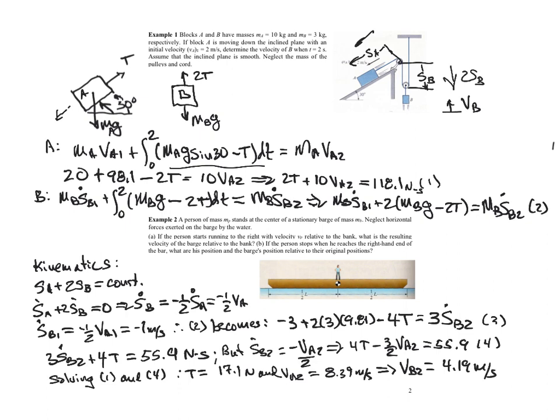So that's the velocity of B, and it is going up as requested, and I think that's all we needed to find. So I hope this has been somewhat instructive, and thanks again for your patience and listening.